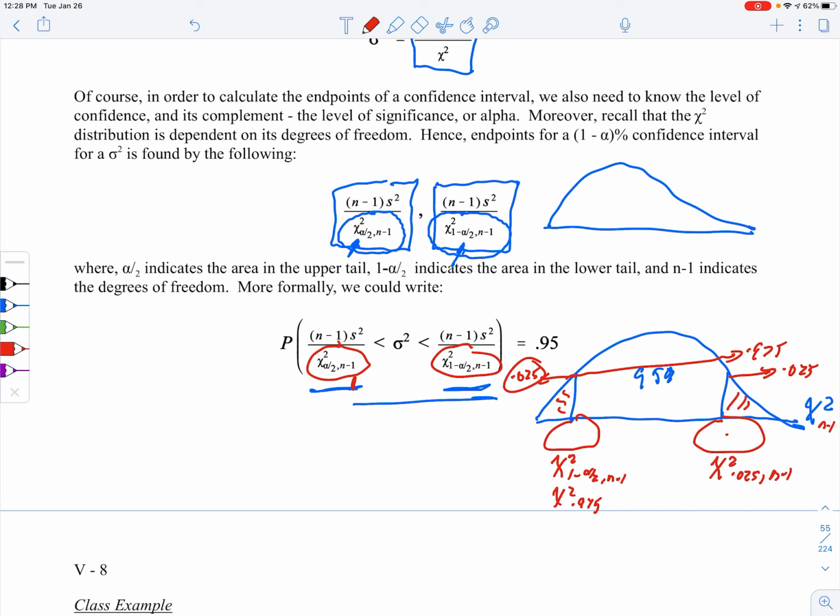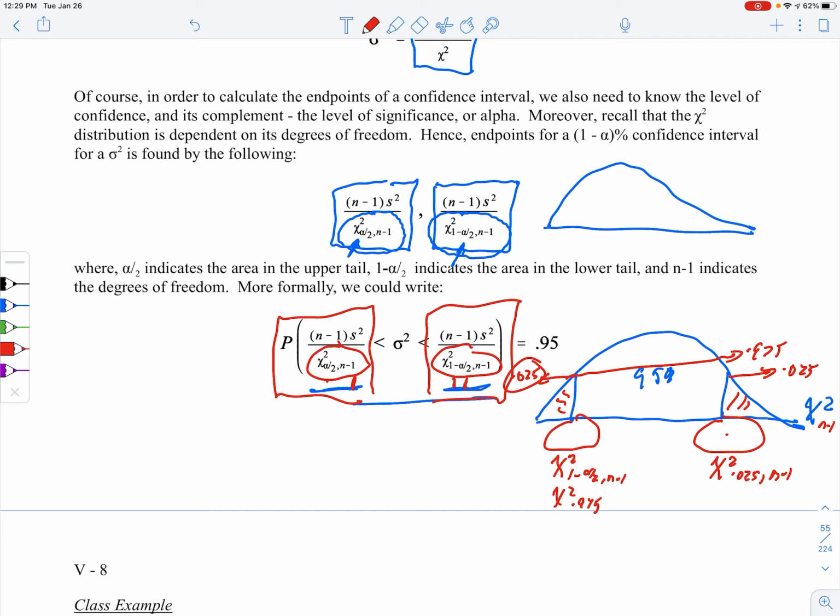This came from the right-hand side of the table. This came from the left-hand side of the table. But remember, if you have a bigger number in the denominator, then this whole thing becomes smaller. And if you have a smaller number here, this whole thing will be bigger. And so that's how that works. People sometimes get kind of confused about the notations and about which side it goes on. And the point is that it doesn't really matter.